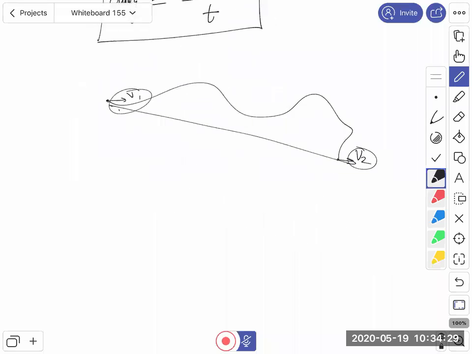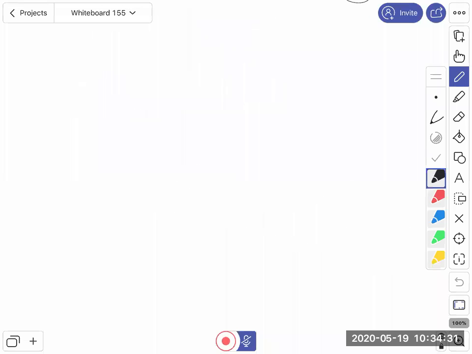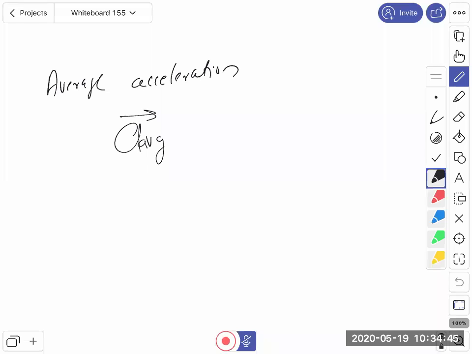So write this down: average acceleration, a average is equal to v vector minus u vector divided by t, final velocity minus initial velocity by time.